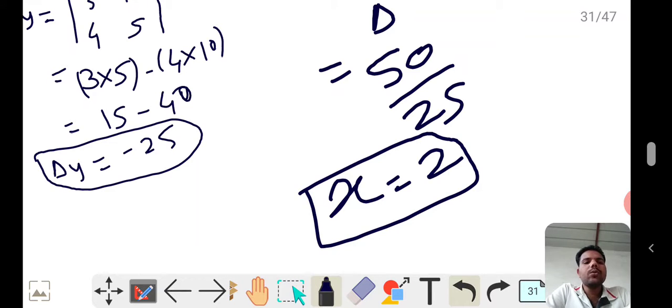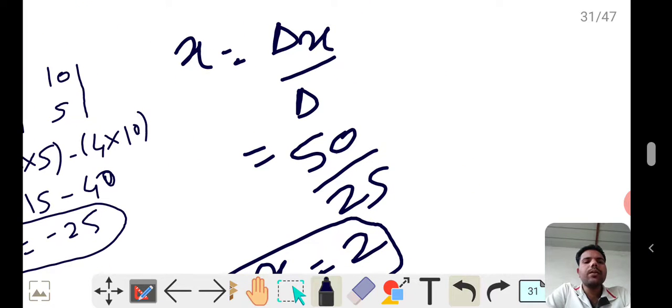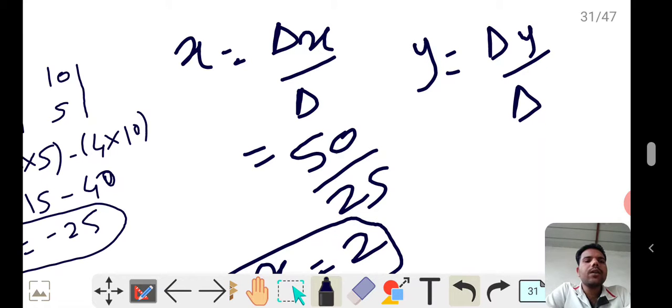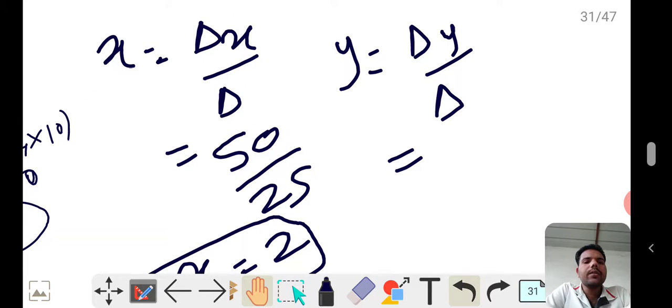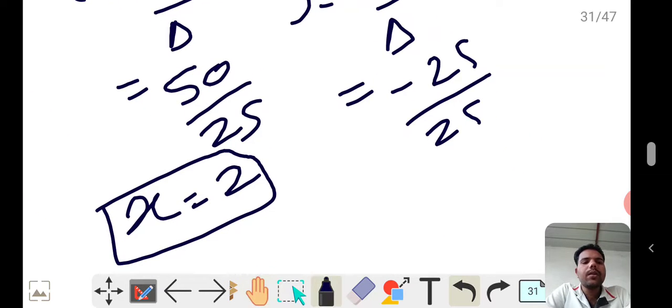Or to calculate the y variable, y is equal to delta y divided by delta. So we have the value of delta y as minus 25 and delta is 25. So we get the y variable as minus 1.